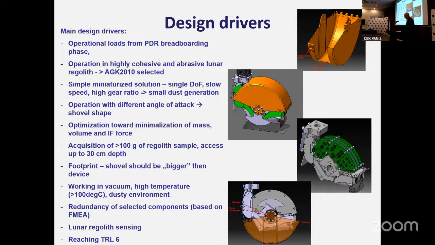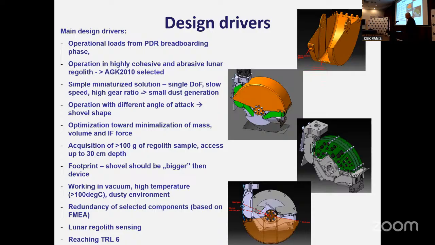So what were the main drivers for this development? Based on the results from the PDR breadboarding phase, we wanted to work with AGK 2010 lunar regolith as a really highly cohesive and abrasive regolith.